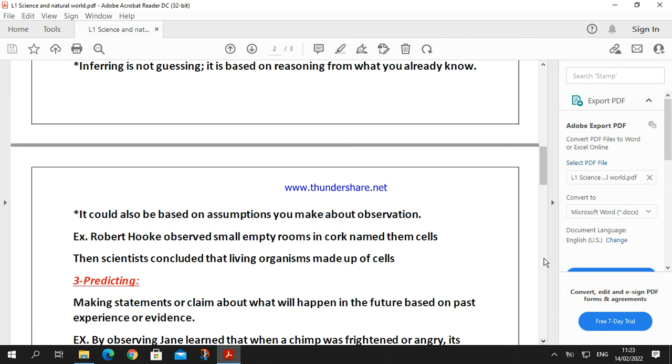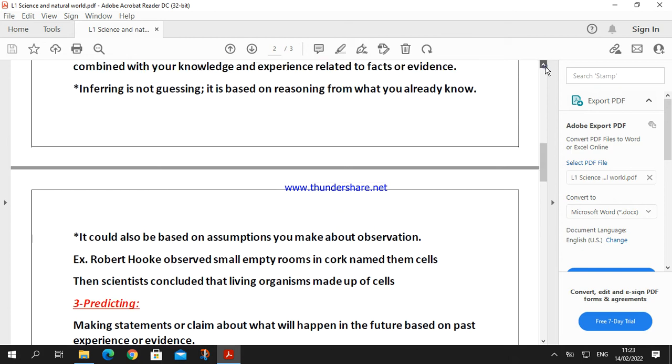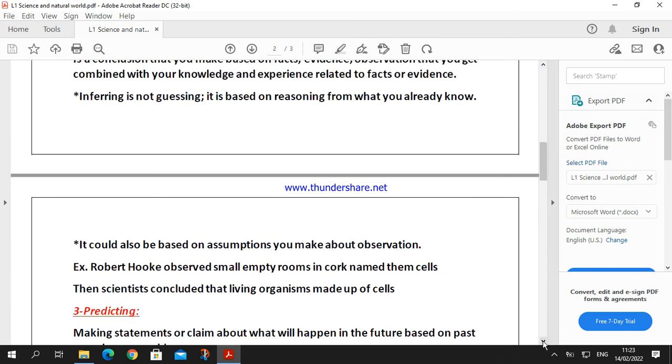So, inference is based on assumptions you make about observation, based on facts and evidence you obtained during the experiment, and also on experience and knowledge you have.